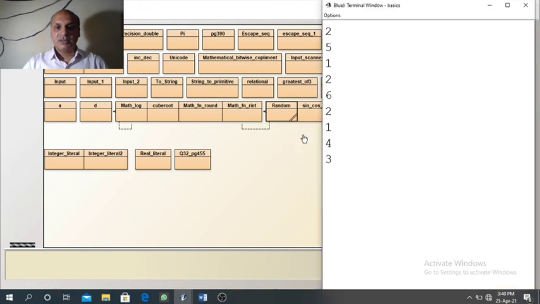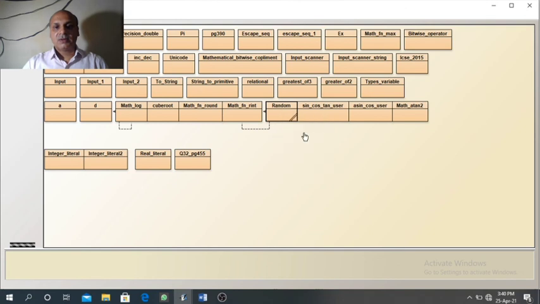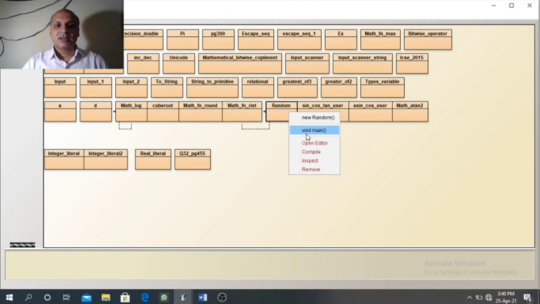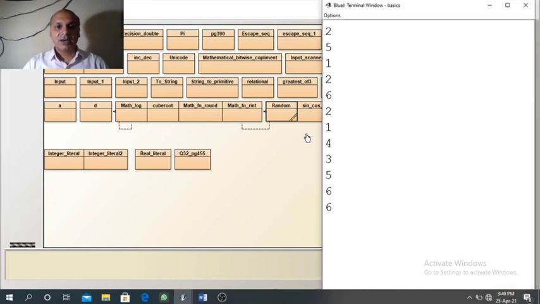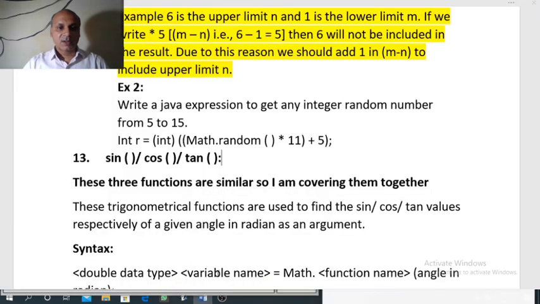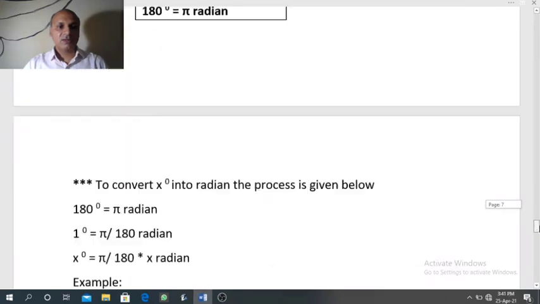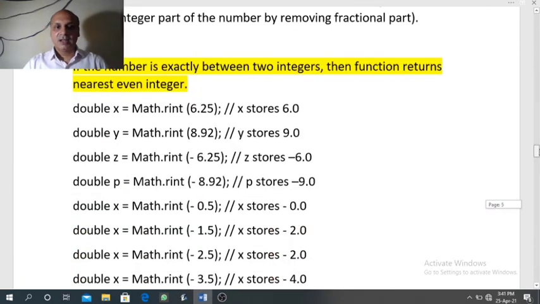So if we run, yes, now we have got 3 also. So how many times you execute, that does not matter, because range is from 1 to 6. It can display any number randomly. Now I hope you would have understood random function.